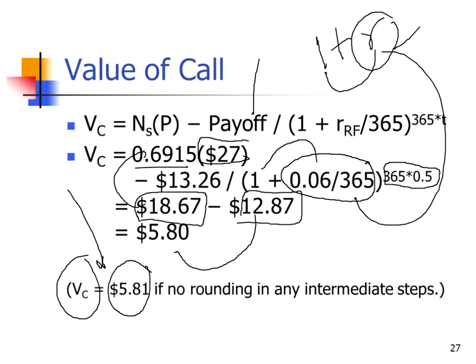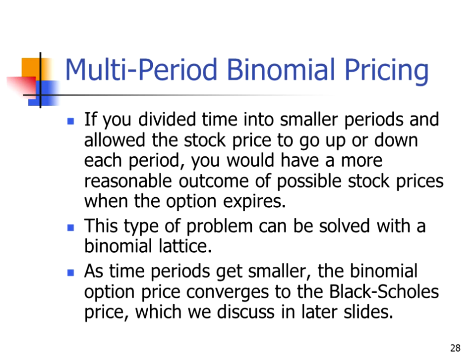Two people, I think they won the Nobel Prize for coming up with that formula, and that is used a lot in industry because you can get ready numbers from various sources that you can plug in to get the fair value of the call option. But this is one way to do it.